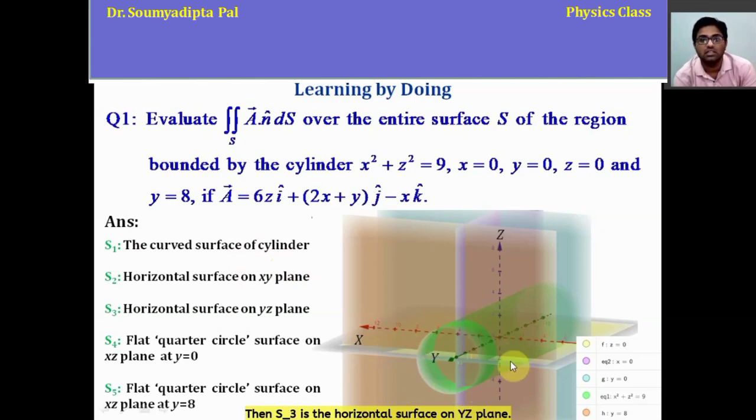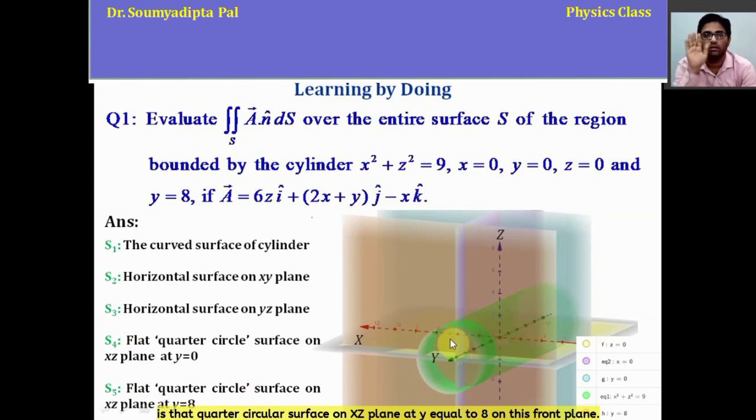Then S3 is the vertical surface on the YZ plane. Now S4 is the flat quarter circular surface on the XZ plane at y equal to 0 here. And S5 is the quarter circular surface on the XZ plane at y equal to 8 on this front plane.